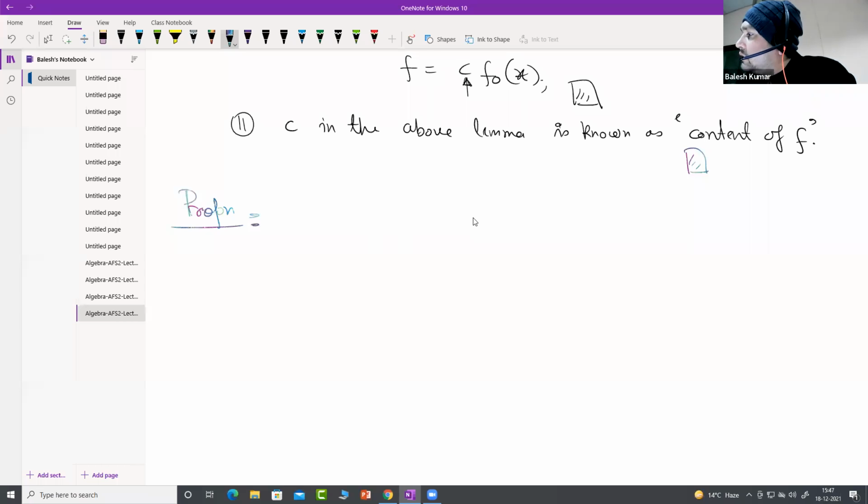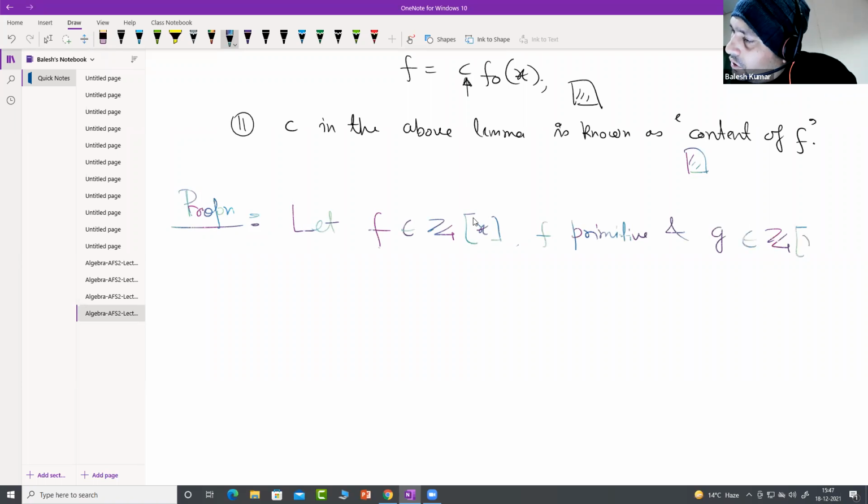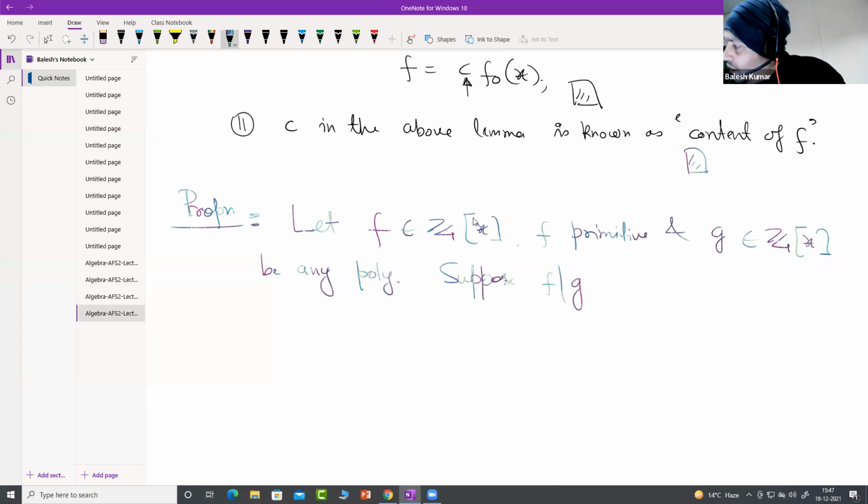The first result that we are going to quote is this: if f is a primitive polynomial in Z[x], and suppose g belongs to Z[x] is any polynomial, and suppose that this primitive polynomial f divides g in Q[x]. This is divisibility in the polynomial ring Q[x].